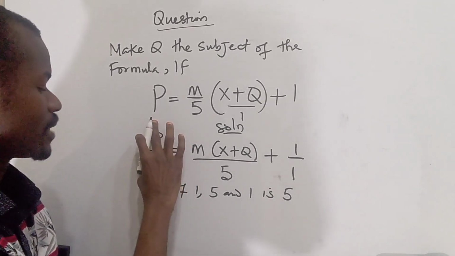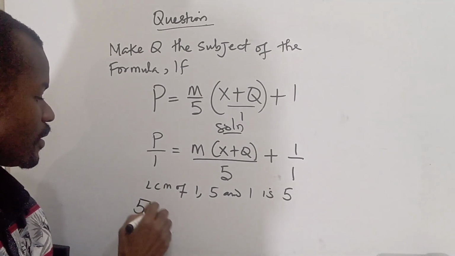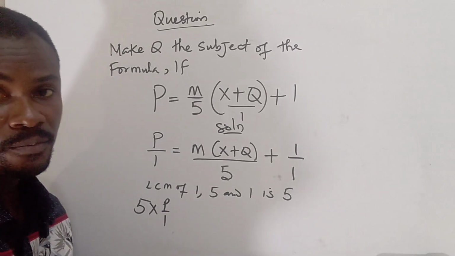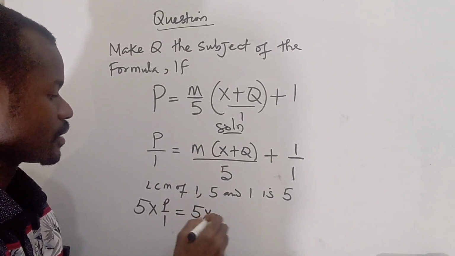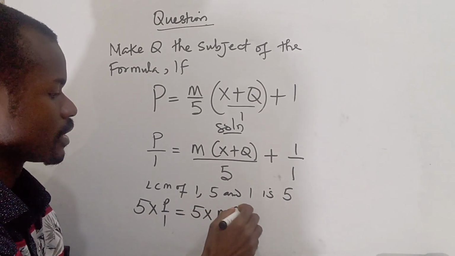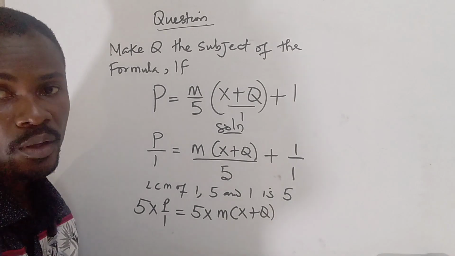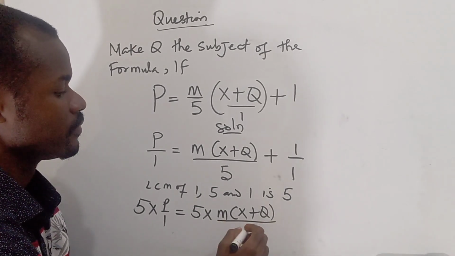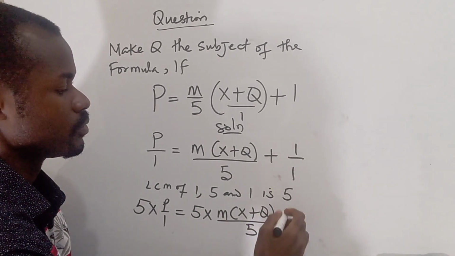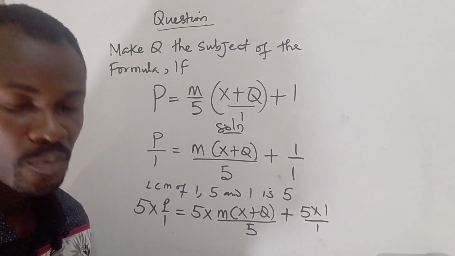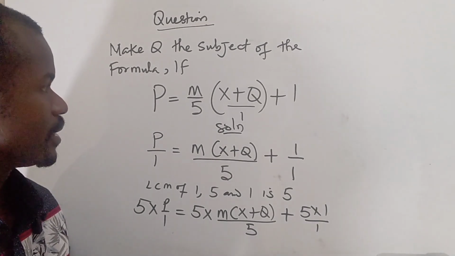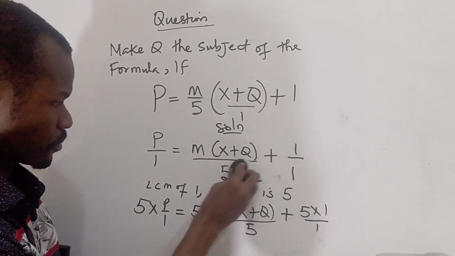So 5 is going to times this. So I have 5 times P over 1, which is equal to 5 times M into X plus Q, all over 5, and 5 times this, so plus 5 times 1 over 1. So this is just one way to do this.